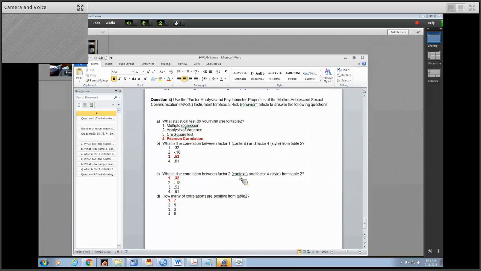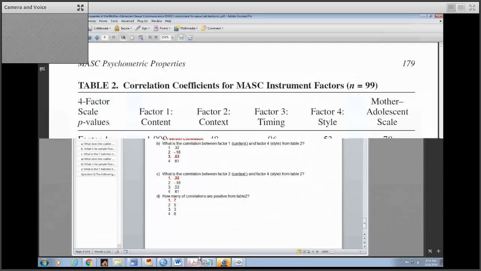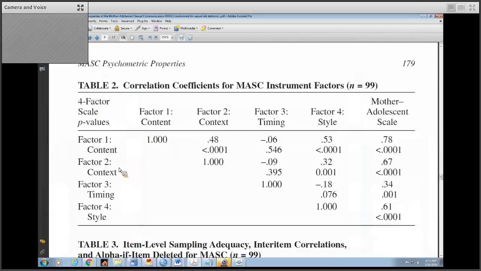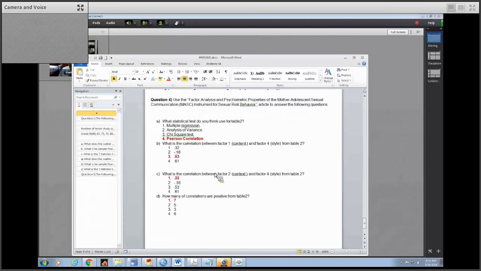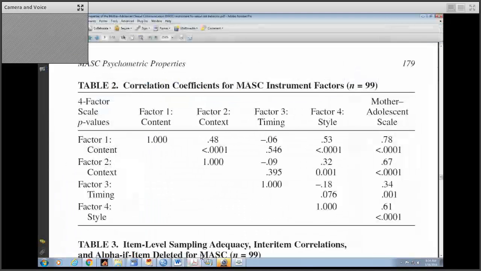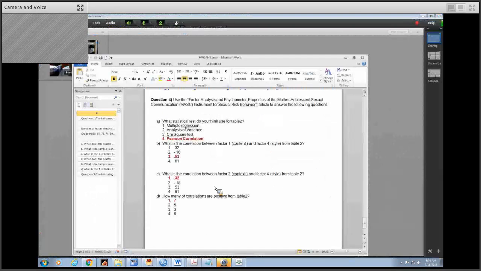What is the correlation between factor 2 and factor 4? Again, factor 2 you look here, and factor 4 is 0.32. Both of them are significant if you look at the p-value. How many correlations are positive in the table? You would just count 1, 2, 3, 4, 5, 6, and 7 of them are positive.